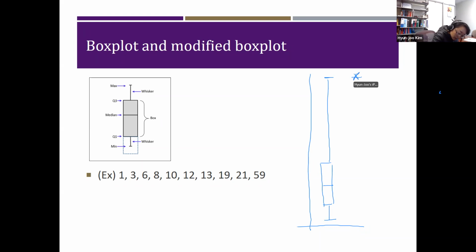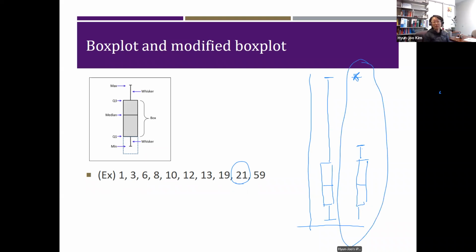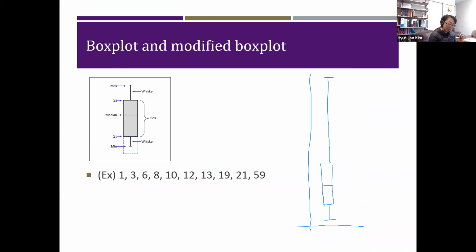Some put an asterisk or some use a dot. And then your whisker goes down to the second largest value, which is 21 here. Everything else will be exactly the same. This is called a modified box plot, and that's typically what other statistical packages will give you. When there is an outlier, you will see a different mark. Anyway, that's the box plot.